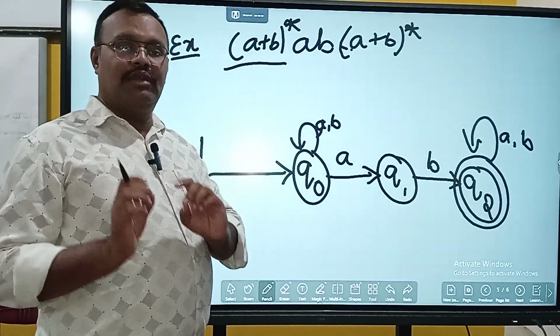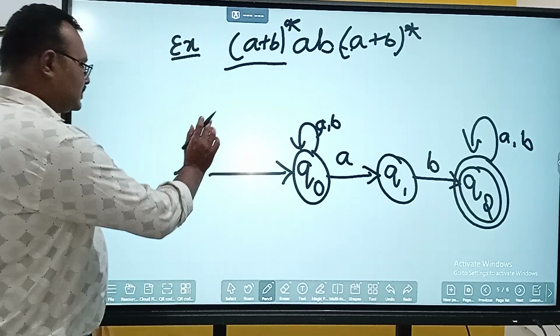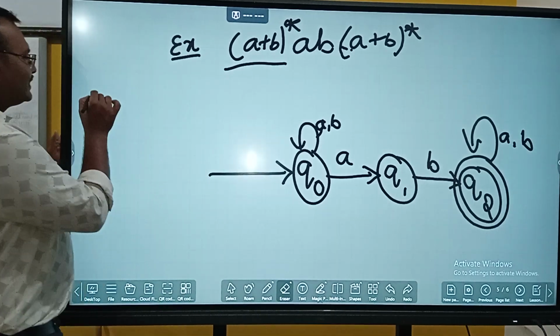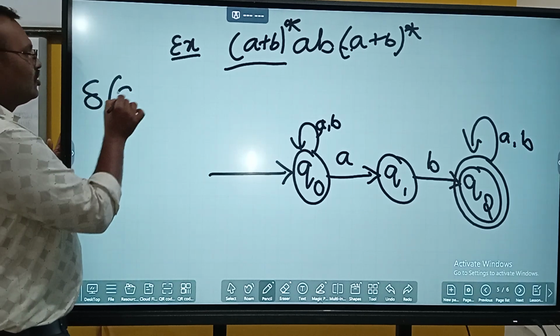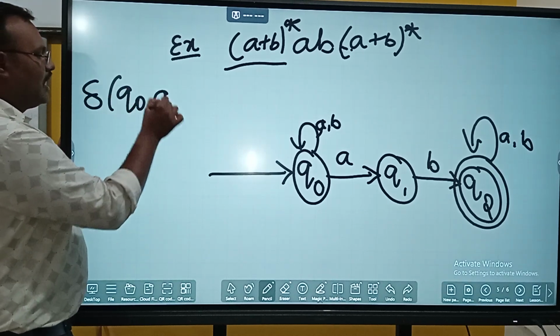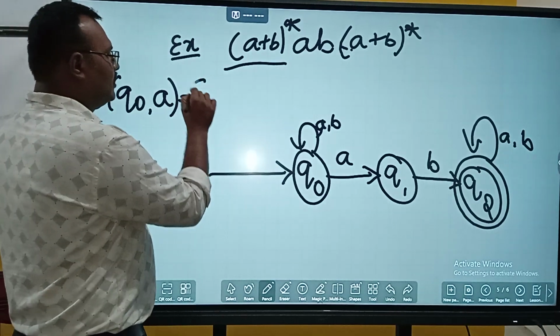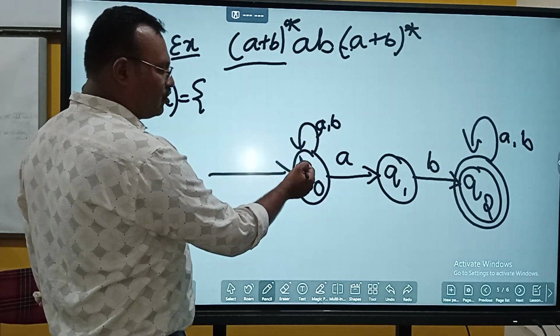Why it is named non-deterministic: suppose I ask you, in state Q naught, if I take A, where will I go? There are two possibilities. In Q naught, if I take A, I can go to Q naught.